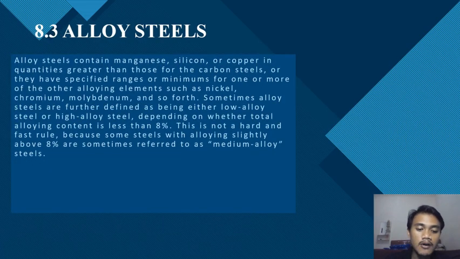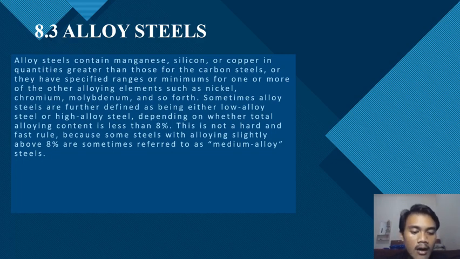And next we go to the alloy steel. Alloy steel contains manganese, silicon, or copper in quantities greater than those for carbon steel, or they have specified ranges or minimums for one or more of the other alloying elements, such as nickel, chromium, molybdenum, and so forth. Sometimes alloy steels are further defined as being either low alloy steel or high alloy steel, depending on whether the alloying is less than 8%.